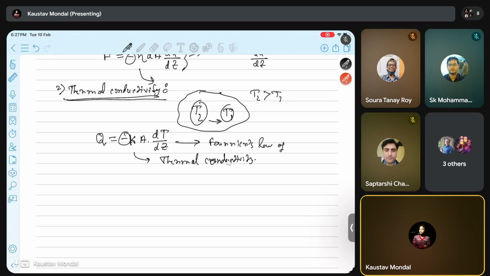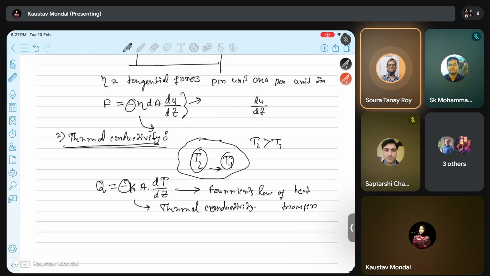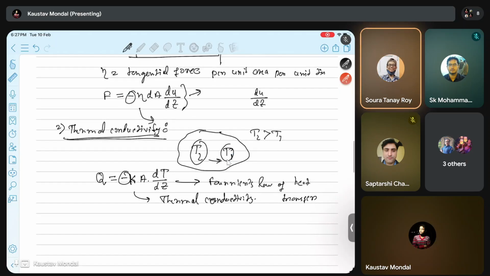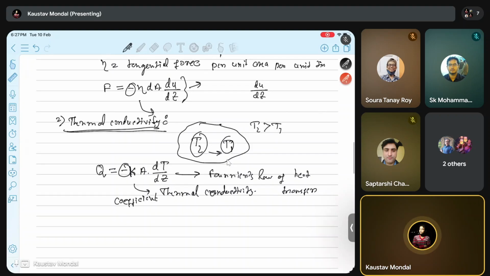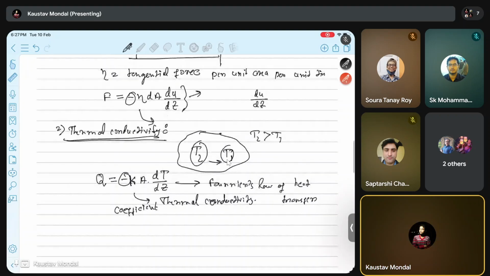K is thermal conductivity, or the coefficient of thermal conductivity. It's a kind of coefficient. For a particular type of material, this quantity is fixed.